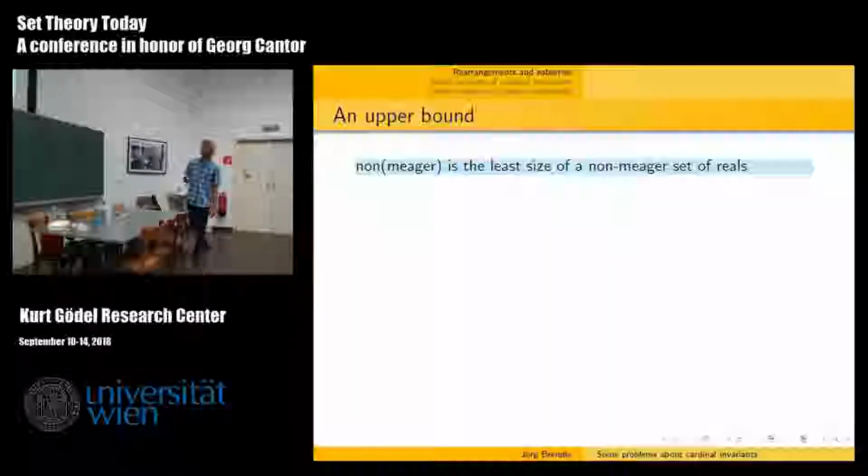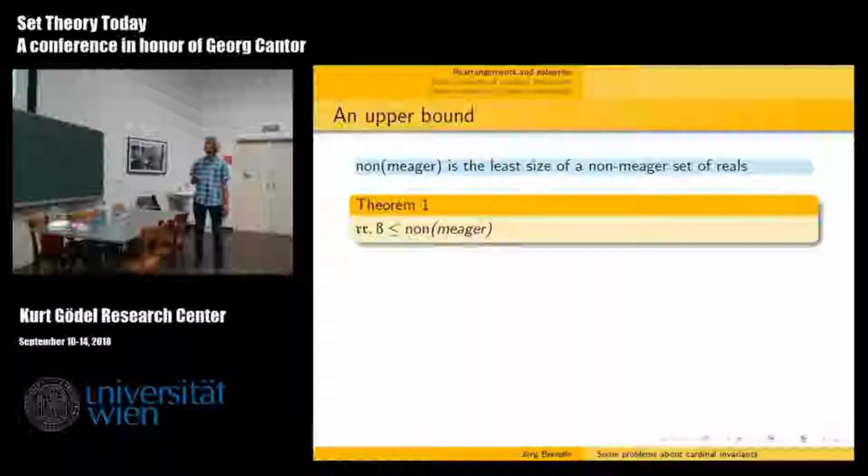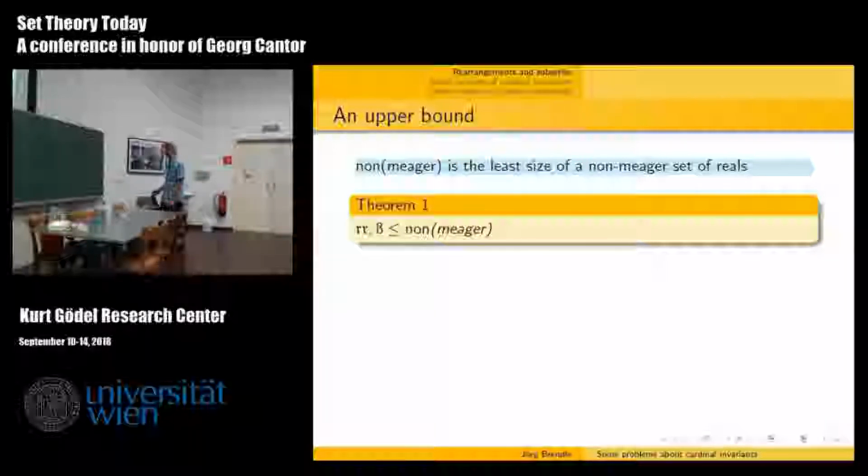So one of them is non-meager, and that's simply the least size of a non-meager set of real numbers. And it turns out that both of these cardinals are less or equal than non-meager. That actually has a very easy to present idea. And this is an old result, at least for R, it's a very old result.